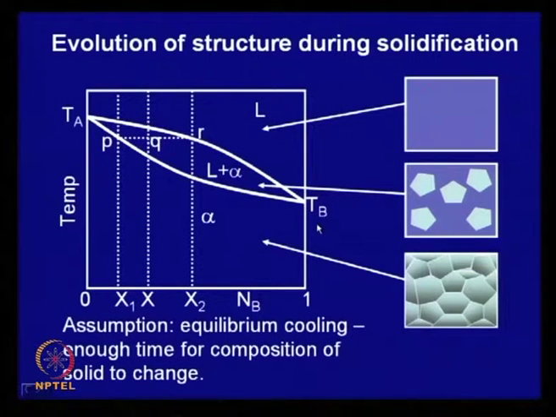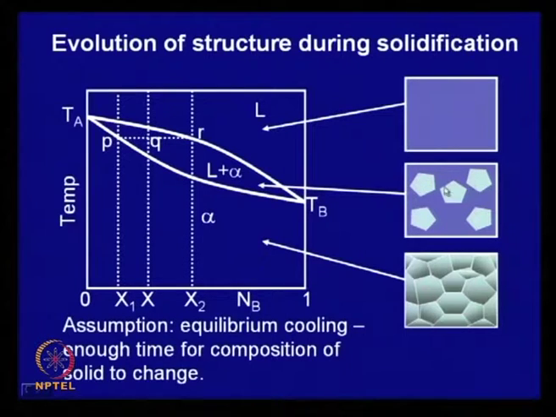Now, let us see how the structure evolves. Consider this alloy X here. If it is at this temperature, as long as it is liquid, it is uniform all through, and then when the solidification starts, you have crystals of alpha forming, which is shown over here.